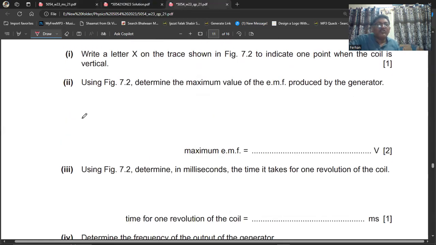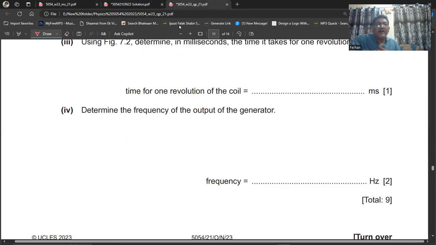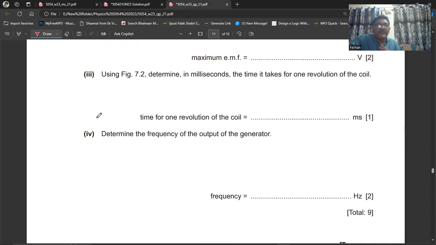Then they are asking you to determine the frequency of the output of the generator. If you know the time period, very easily you can find the frequency. The frequency is equal to 1 by T, the reciprocal of the time period, but the time period must be in seconds.